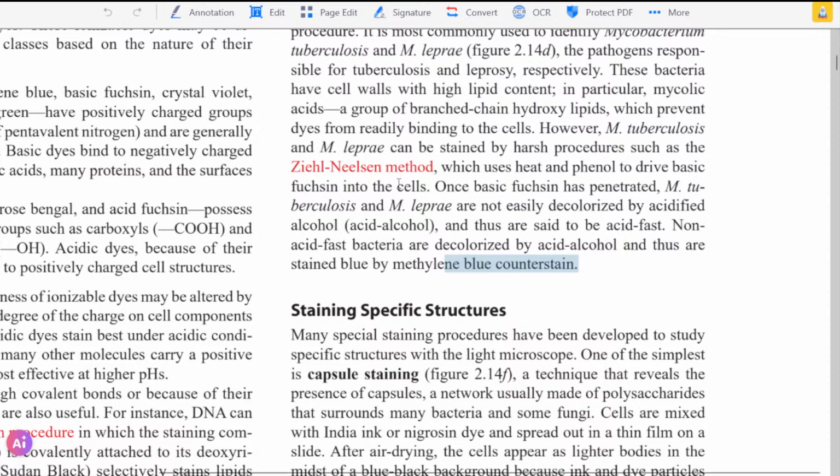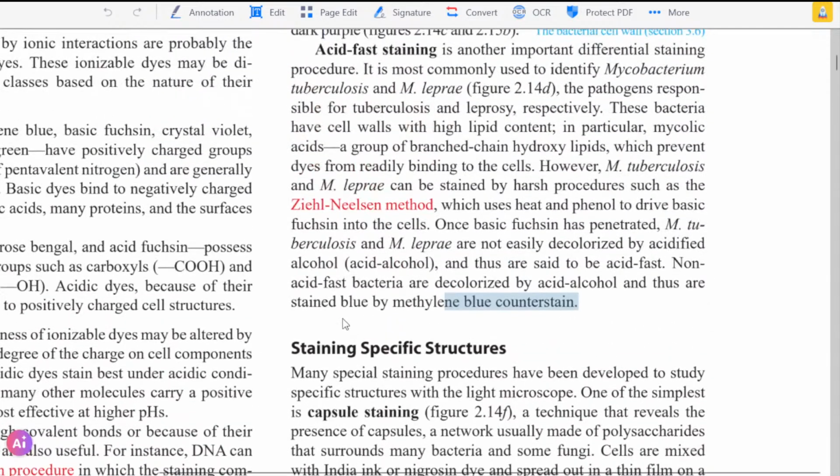When you use this dye on all of the bacteria you have in the culture, the stain penetrates into the cell of only the leprae and the Mycobacterium tuberculosis, and they are not easily decolorized. But the other bacteria don't have that acid fast ability, and they are decolorized. And so when you put another stain, for example here they are saying methylene blue counterstain, they retain that methylene blue color instead of the acid fast staining color.